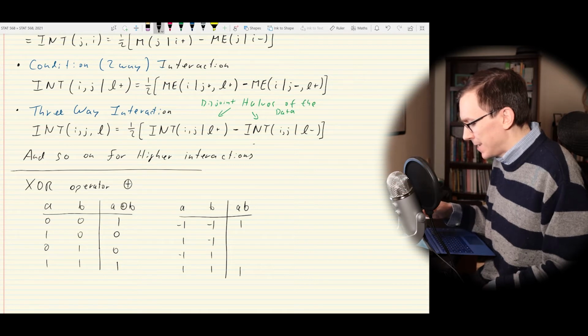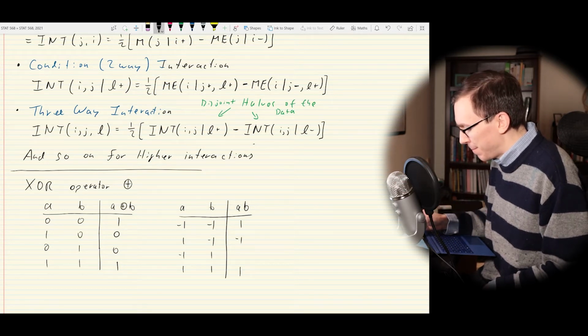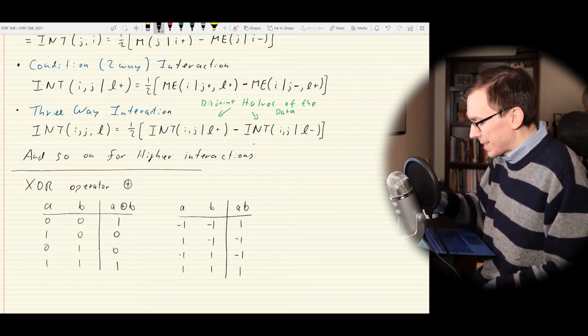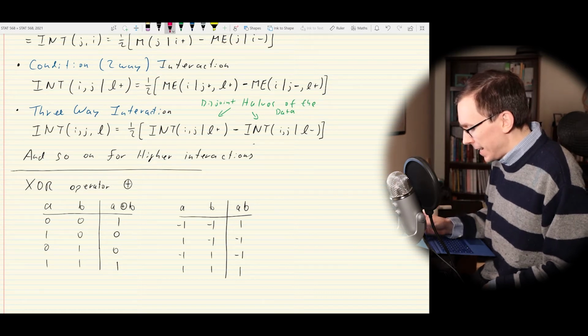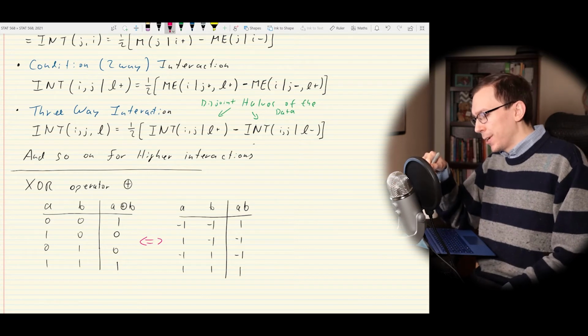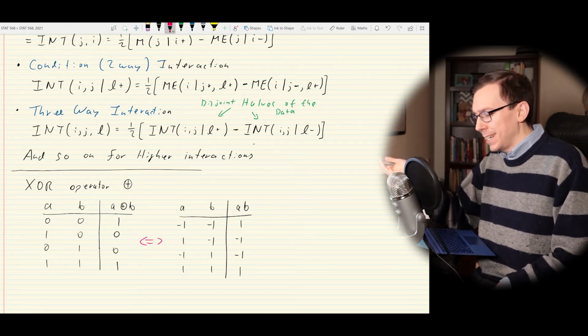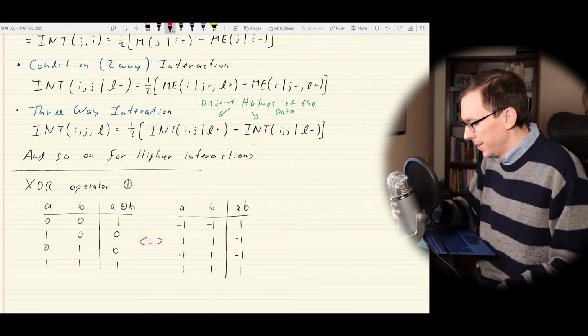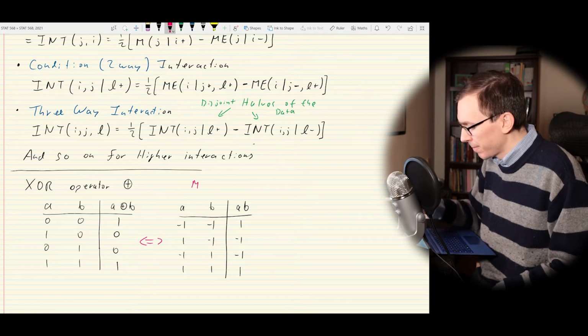And if the signs are different, minus 1 times plus 1, I get minus 1. So notice that these are equivalently the same thing. It's just that I replace 0 with minus 1, and I replace the XOR operator with multiplication.